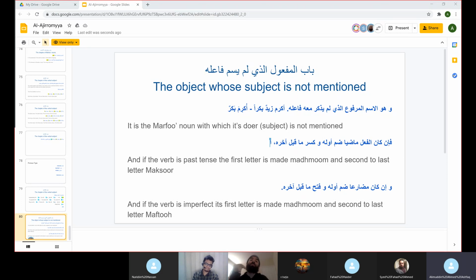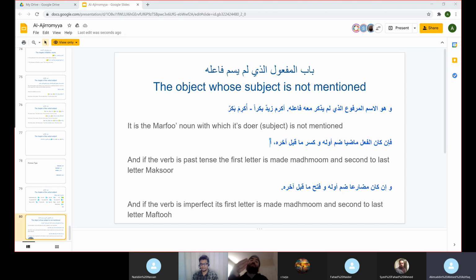By default, past tense verbs and imperfect tense verbs have some specific diacritical marks. And once you change those, it indicates that the subject is no longer being mentioned in the sentence.